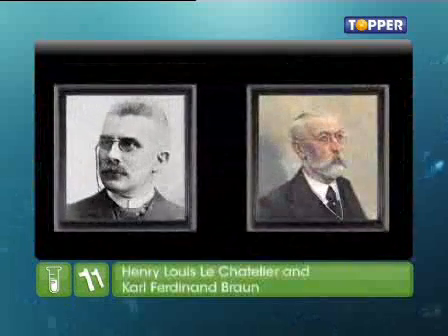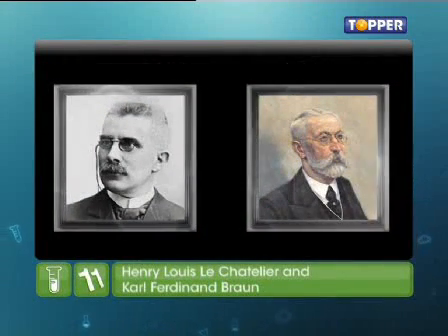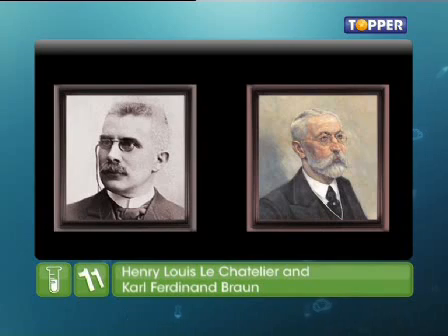Now suppose you have equilibrium established between substances. What would happen to it if you manipulated the conditions and the amount of the reactants? Henry Louis Le Chatelier and Carl Ferdinand Braun gave the world the answer to this by providing a single principle which is used to predict the effect of a change in conditions on a chemical equilibrium.